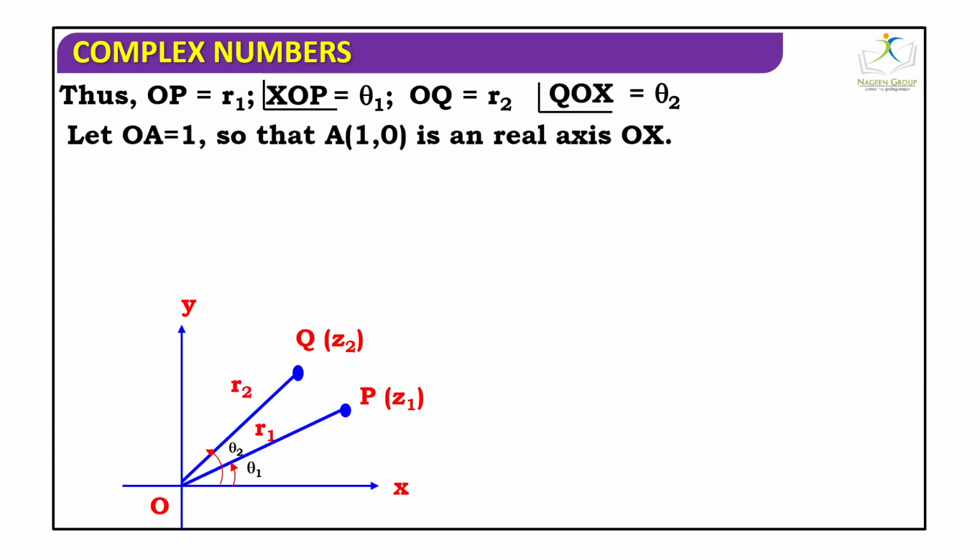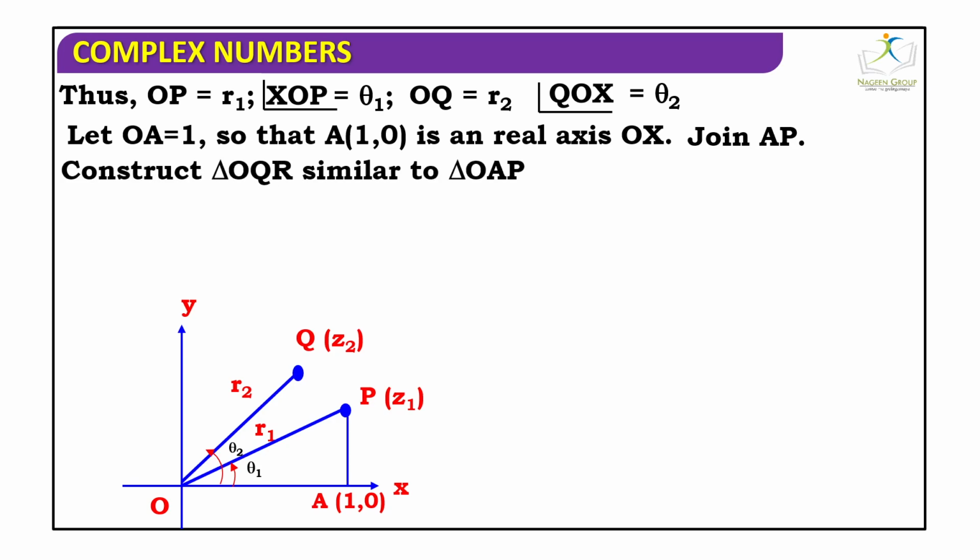Now OA we consider equal to 1, so that A with the position vector (1, 0) is on the real axis, right? We know on the x-axis we have y equals 0. So this is A(1, 0). Join A with P, right? Now construct triangle OQR similar to OAP, right?